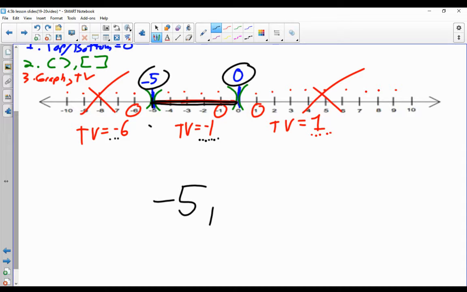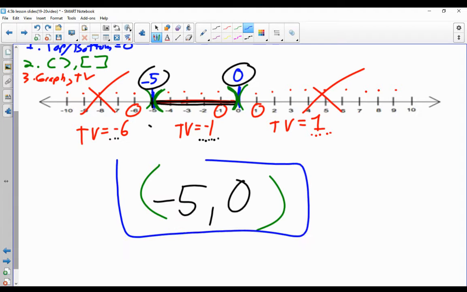So (-5, 0) will be our final answer. And for the open or closed, at 0 we have an open, and at -5, we have an open. And since that's the only interval, we don't need a union, so that's our final answer. (-5, 0), open parentheses, just like that.